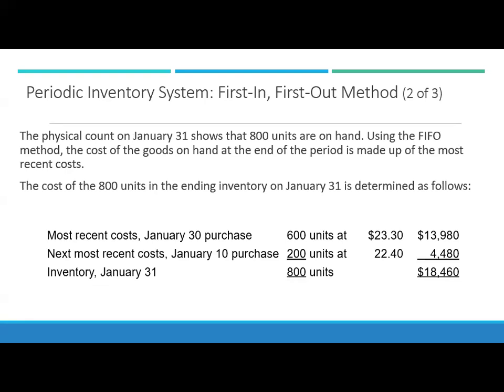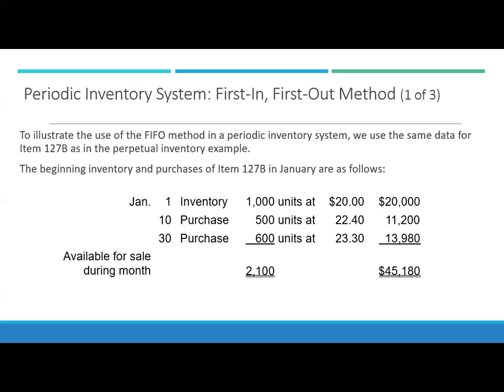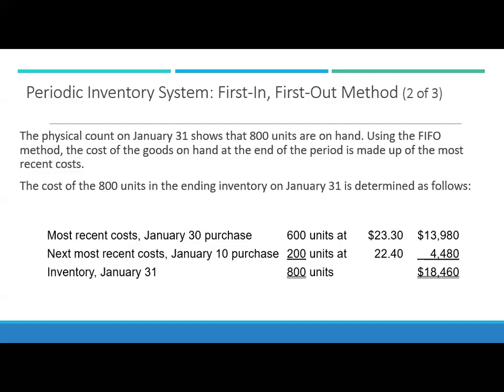And under the FIFO method, the most recent purchases will be included in ending inventory. And so we have 800 units in ending inventory. So first we take the 600 units, and then we take 200 of the units purchased on the 10th. And then that is our ending inventory under the FIFO method.